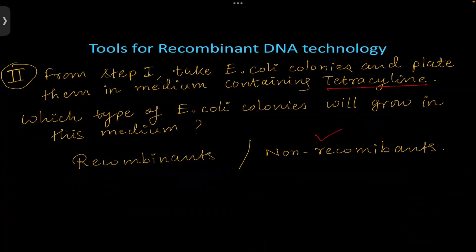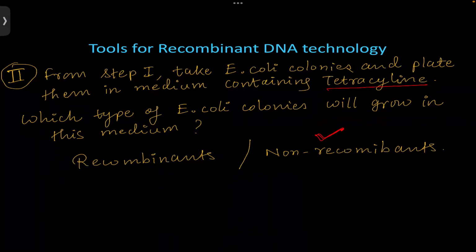If you guessed the non-recombinants, you are correct, because in the recombinants the tetracycline resistance gene is switched off or inactivated due to insertion of your gene of interest within the tetracycline resistance gene at the BamHI site.